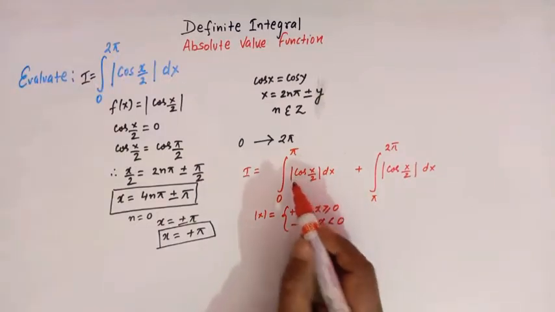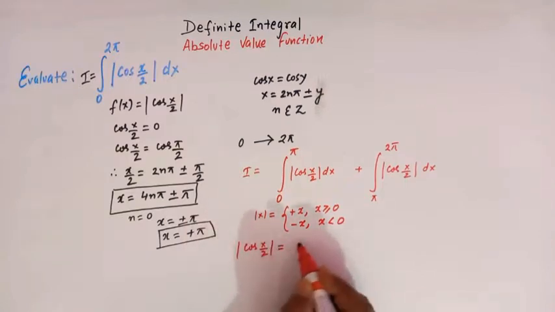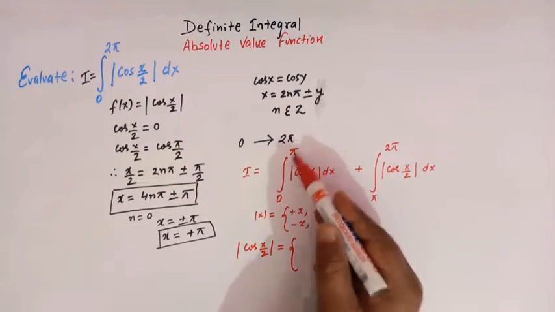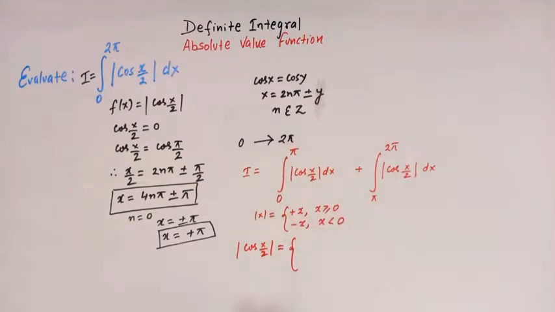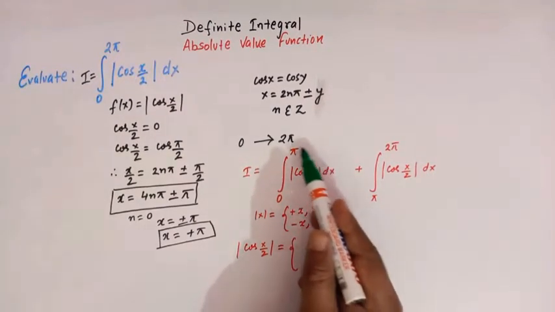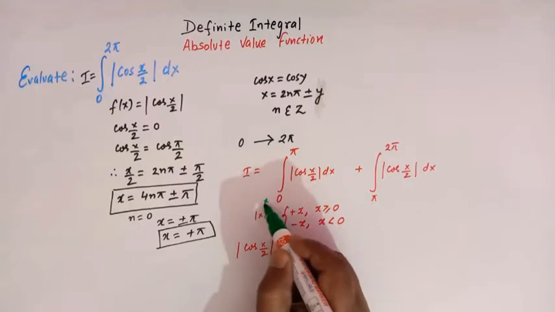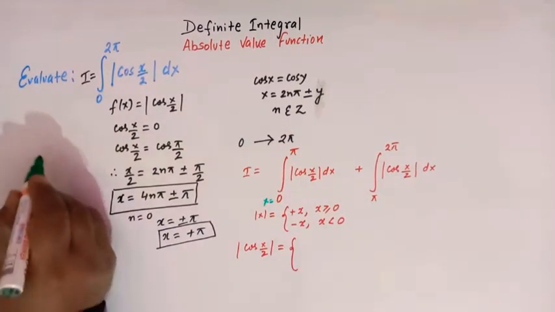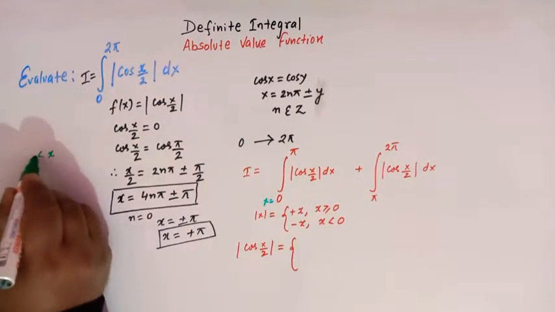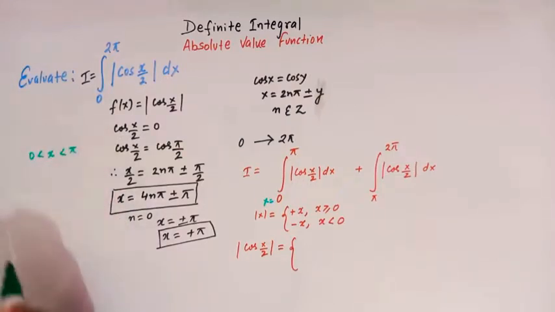So we have to decide this mod function in the intervals 0 to pi and pi to 2 pi. Let us consider the first integral. Here x varies from 0 to pi, so we have x greater than 0 but less than pi.